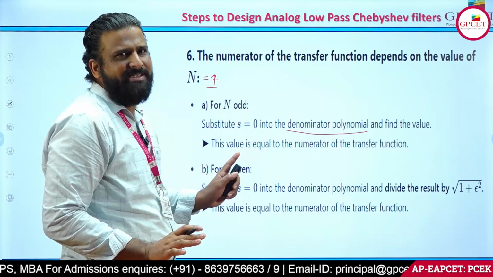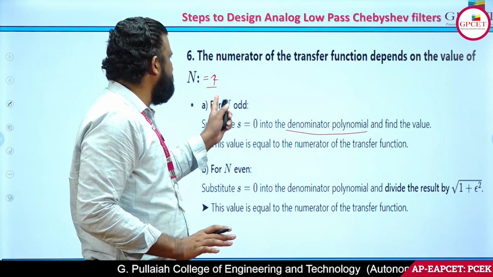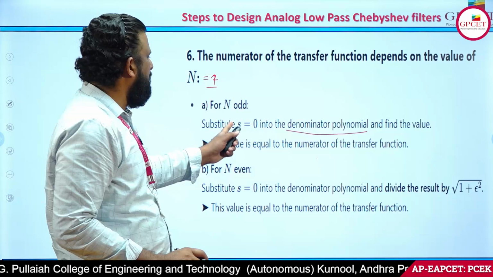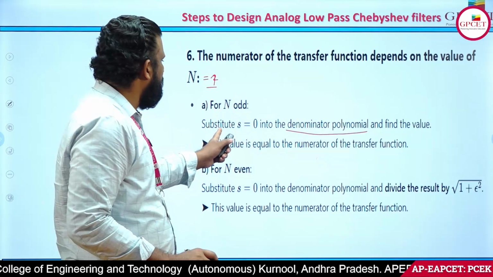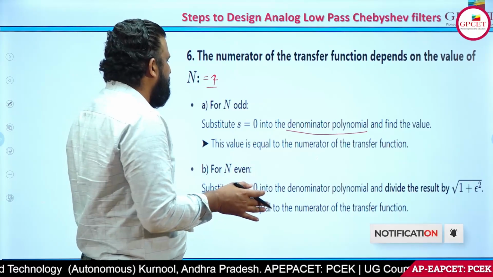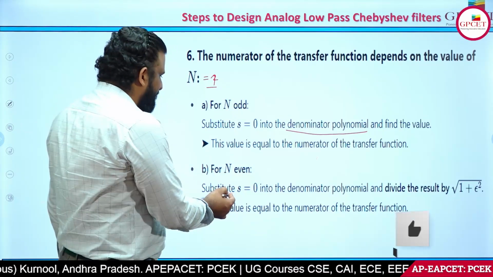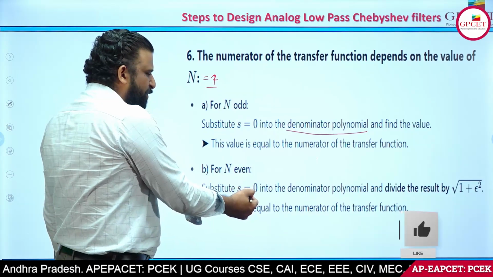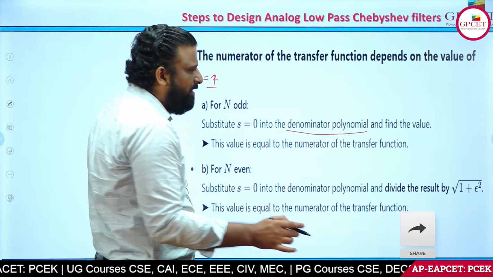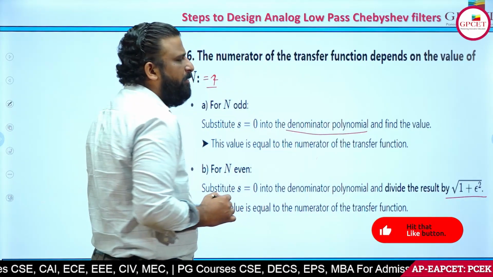What we need to do in the sixth step is observe whether the value of n is odd or even. If the value of n is odd, we have to substitute s equal to 0 in the denominator part, and the value which is formed will be equal to the numerator of the transfer function. If it is even, we again substitute s equal to 0 in the denominator polynomial, and after getting the result, we need to divide it by the square root of 1 plus epsilon square.